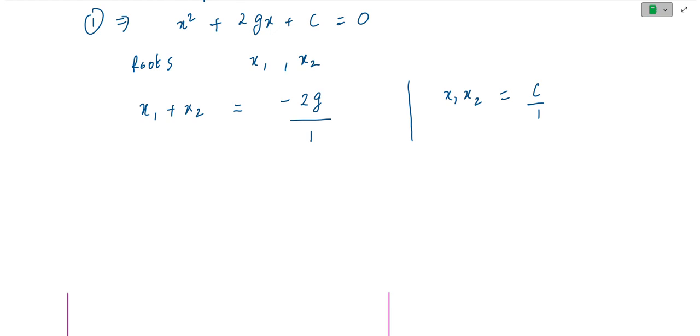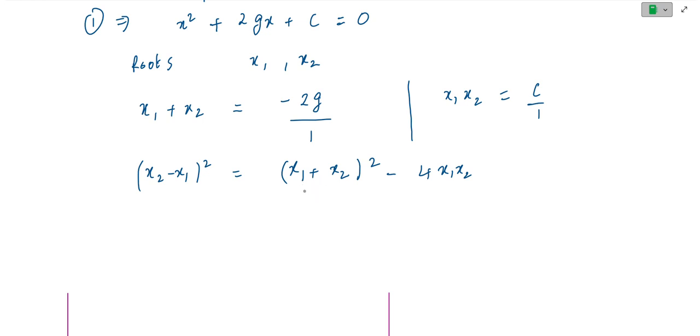I'm writing a formula: (x2 minus x1) whole square is equal to (x1 plus x2) whole square minus 4x1x2.